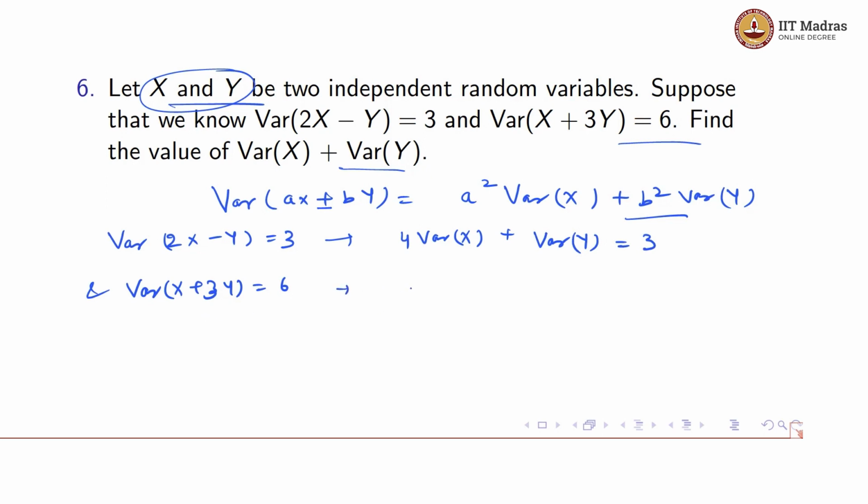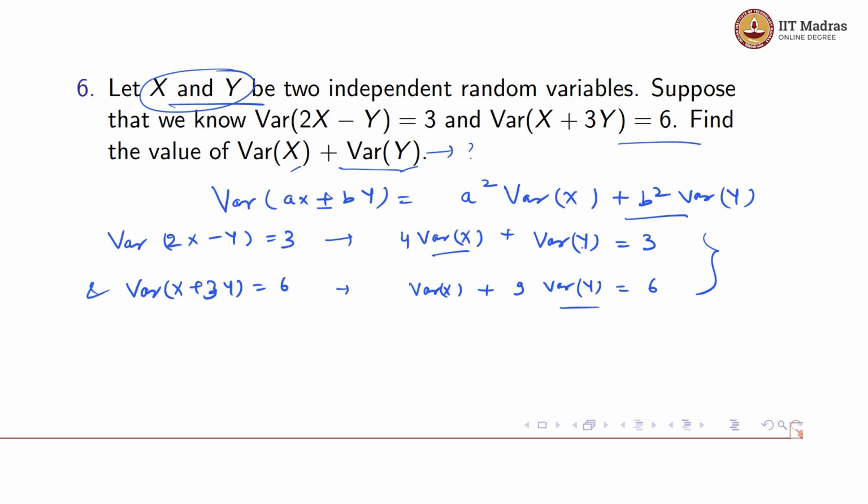Similarly for this, variance of X plus 9 times variance of Y is equal to 6. What we have been asked is the addition of variance of X and variance of Y. For calculating this, we first need the values of variance of X and variance of Y. Now we have two equations with two unknowns.